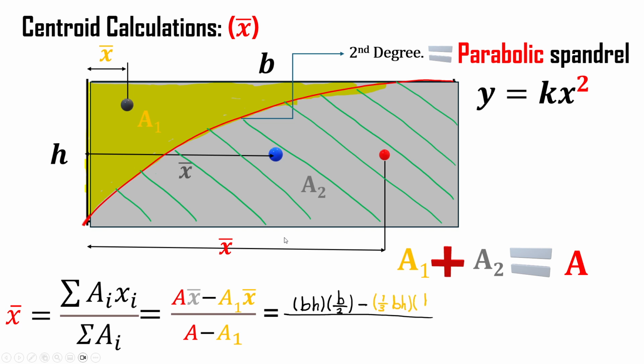So if we just jot down the equation, a for the entire rectangle is b times h times b over 2 minus the area of the top spandrel, 1/3 of bh times b over 4. Then if you do the math, it just gives you x bar equal to 5 over 8 times b.